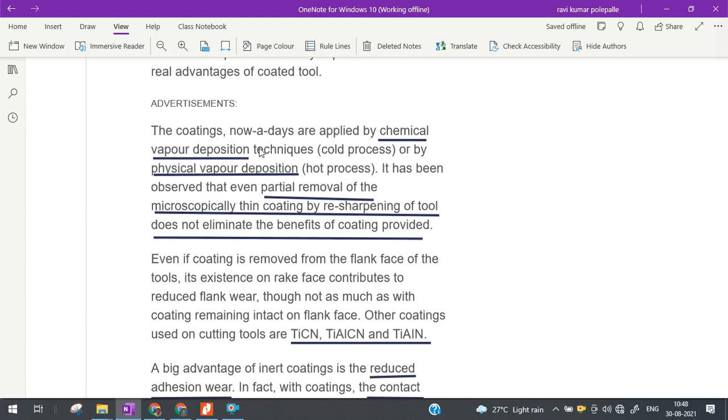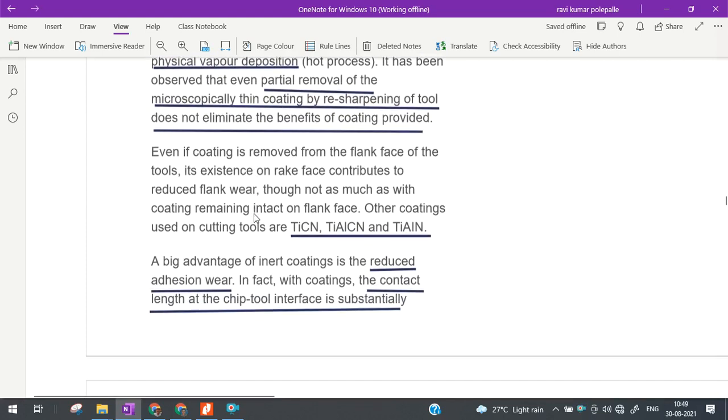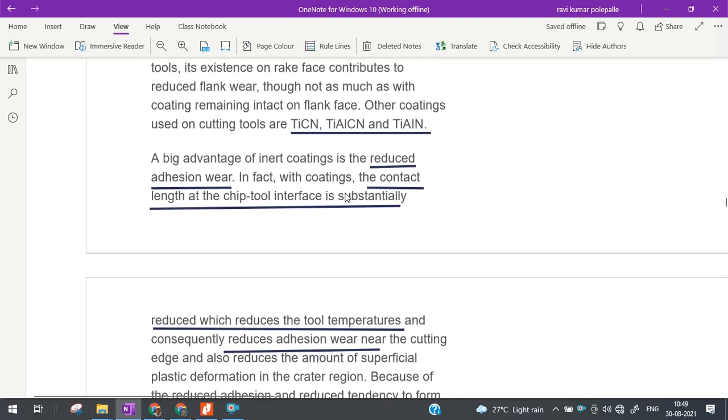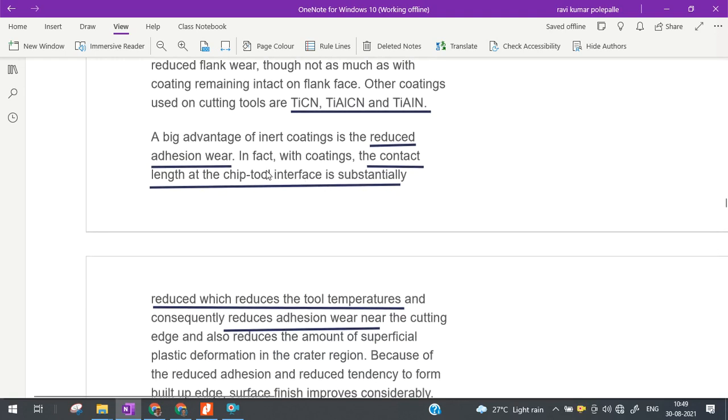Regarding the coatings, they can be done by CVD process or PVD process. Normal coating materials are titanium nitride, TiCN, titanium carbonitride, titanium aluminum carbonitride, and titanium aluminum nitride. The provision of coatings is going to reduce the adhesion wear.